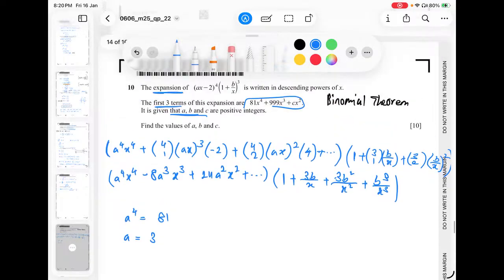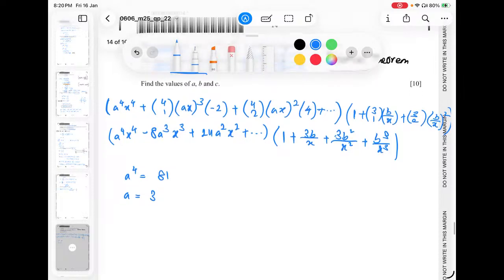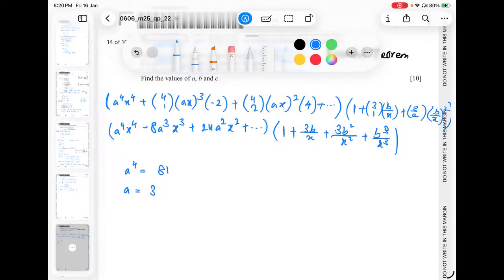No, sorry. Basically, you need to substitute a is equal to 3 into this.